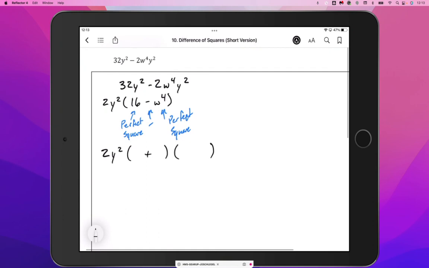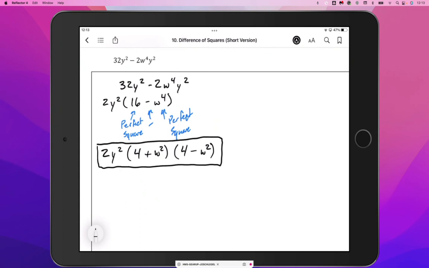One of these has a plus, one of these has a minus, and the square root of 16 is 4. Square root of w to the power of 4 is w to the power of 2. And that's it for number 5.